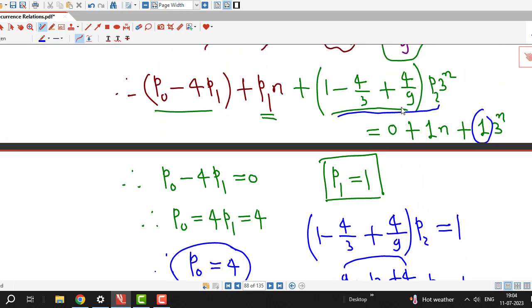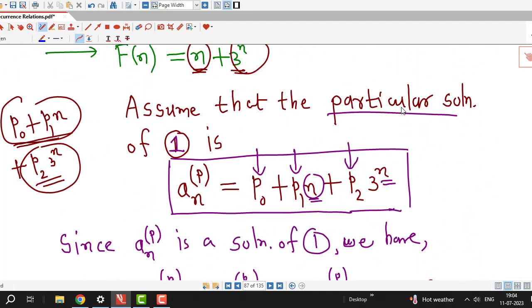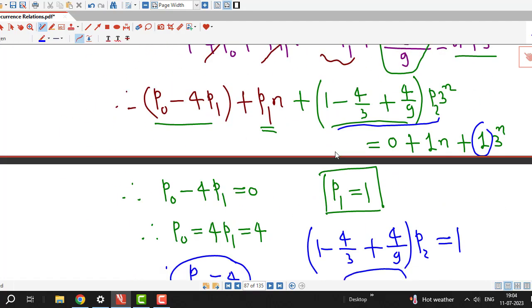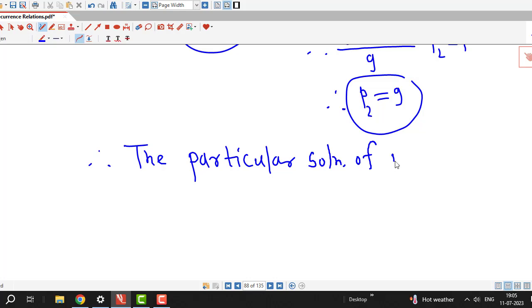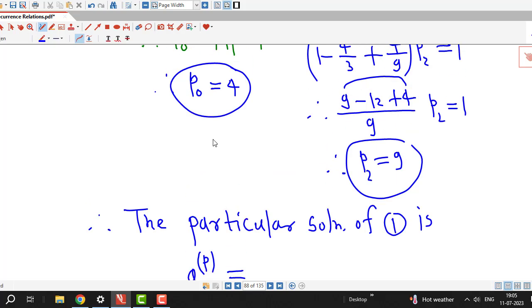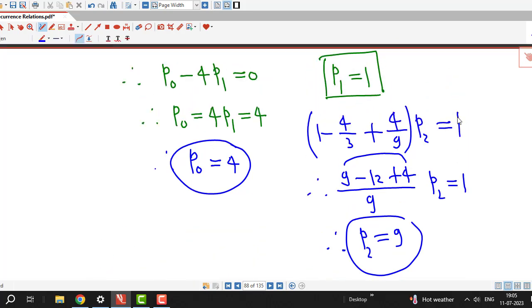We required the undetermined coefficients in our choice of particular solution. So here we will substitute the values of P0, P1 and P2. So that will be the particular solution. Therefore, the particular solution of the given non-homogeneous recurrence relation 1 is a_n^P equal to P0 plus P1n, where P0 is 4 and P1 is 1.